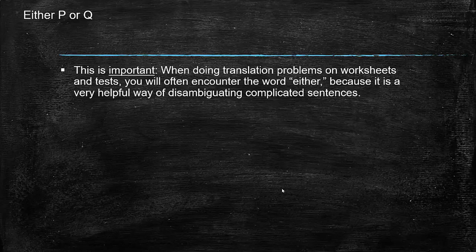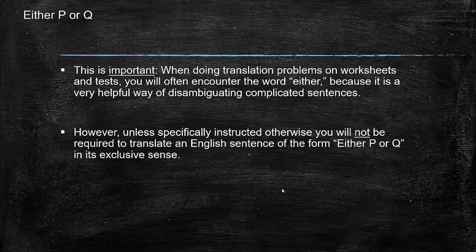This is important. When doing translation problems on worksheets and tests, you will often encounter the word either, because it is a very helpful way of disambiguating complicated sentences. However, unless specifically instructed otherwise, you will not be required to translate an English sentence of the form either P or Q in its exclusive sense.